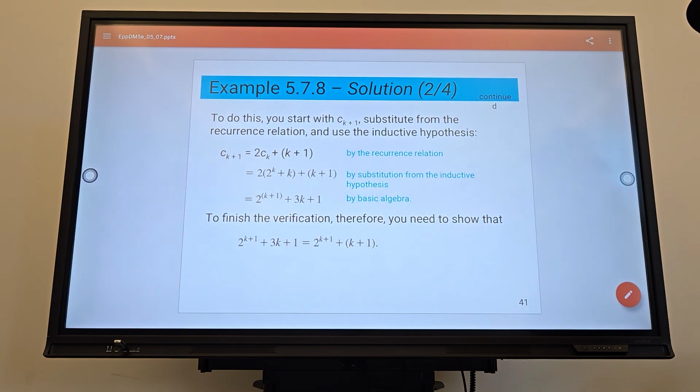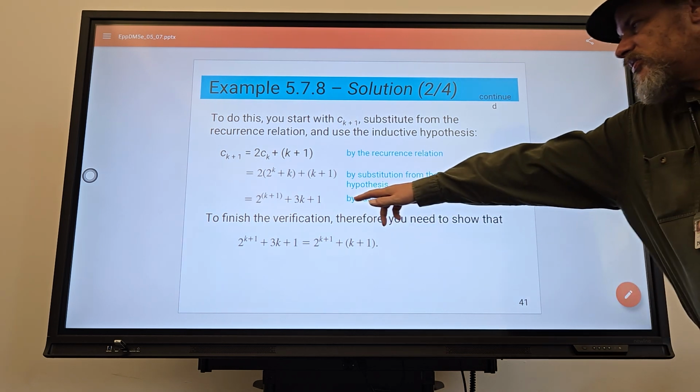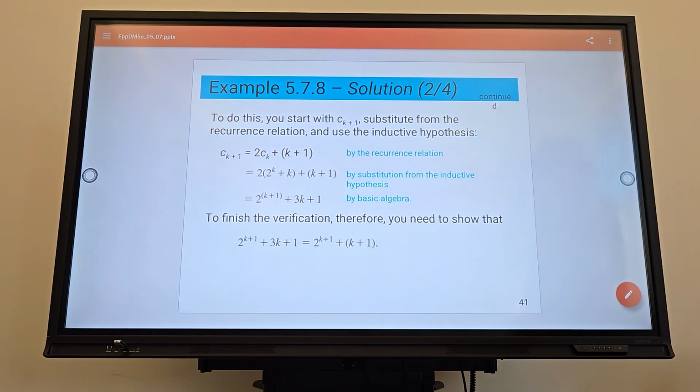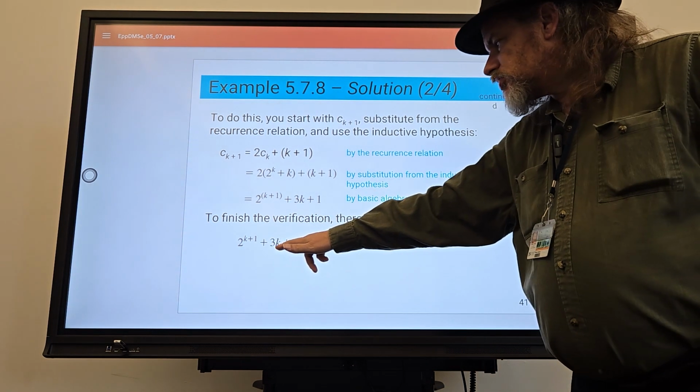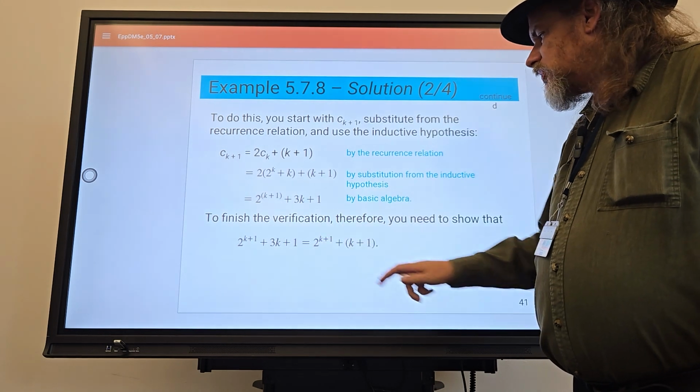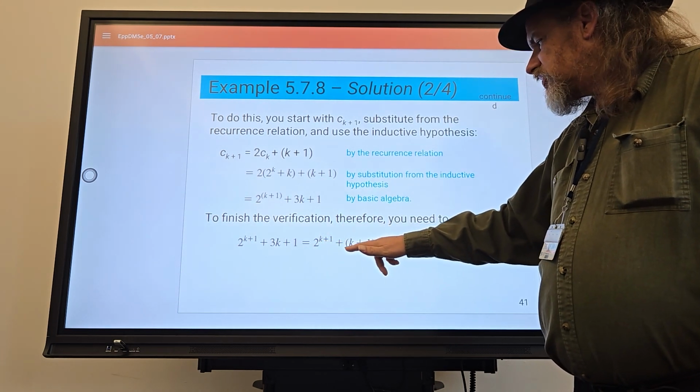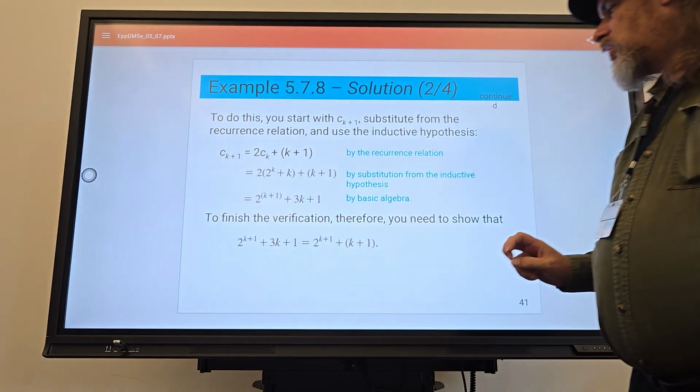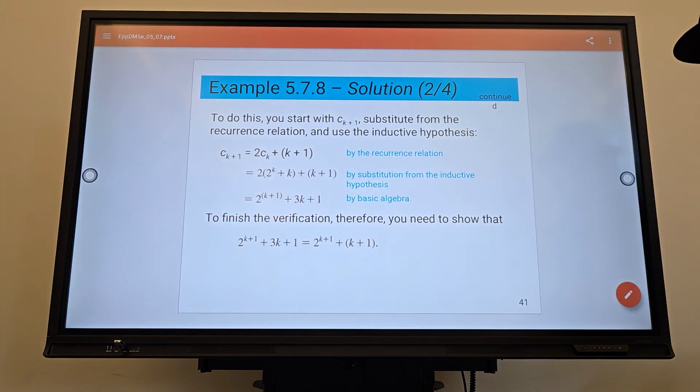To do this, you start with C sub k plus 1, substitute from the recurrence relation and use the inductive hypothesis, and you get, with basic algebra, this expression here. To finish the verification, therefore, you need to show that 2 to the k plus 1 plus 3k plus 1 equals 2 to the k plus 1 plus k plus 1.